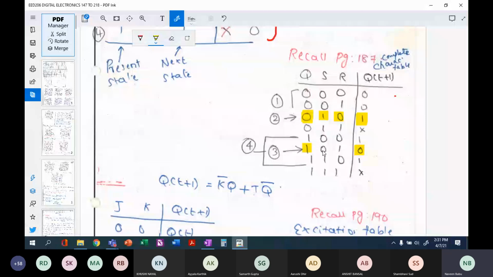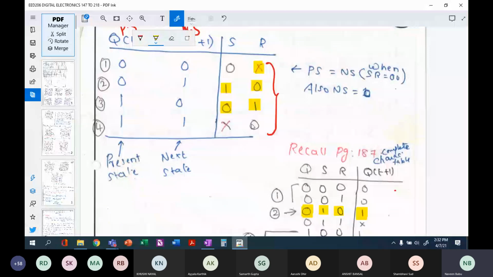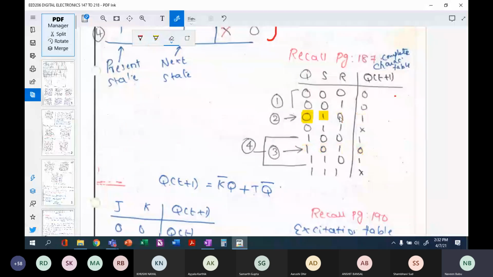And where do you have present state and next state 1 and 1? There must be multiple places. Okay, 1 and 1. So here I have 1, here I have 1, here I have 1 and here I have 1.